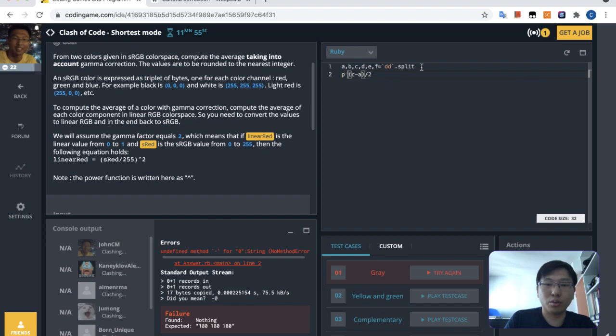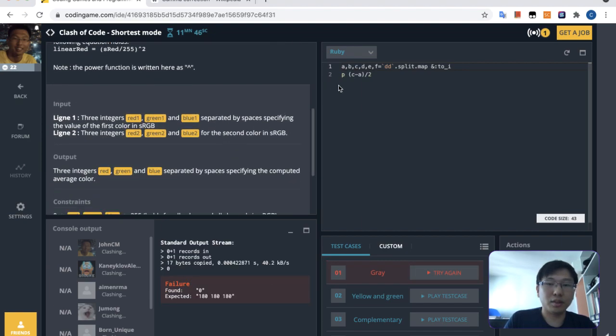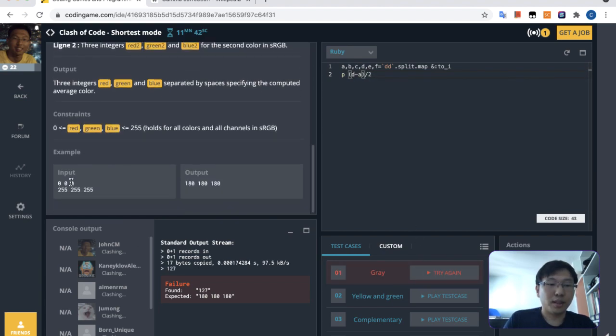Okay, I forgot to map to an integer, so that's something we need to do first. So C minus A, which is, oh sorry, it should be D minus A divided by 2. Okay, it should give me like 127.5. Okay, maybe we map to a float. So 127.5.